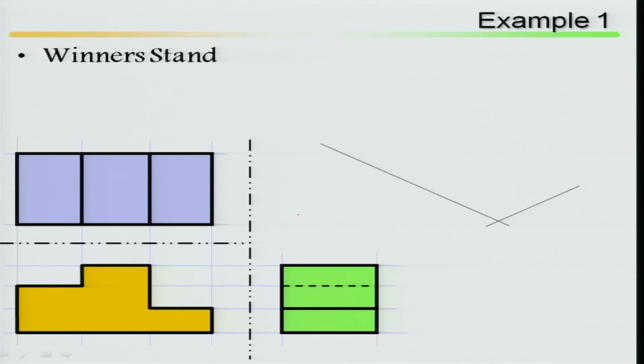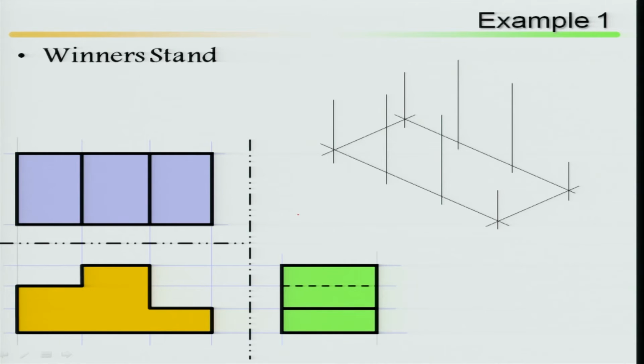Then by means of the offset method, draw the base, then take the respective offsets. Offset means you are raising. First you draw the base, then take the respective dimensions upward. Instead of constructing a box, you can do it by means of offset methods.